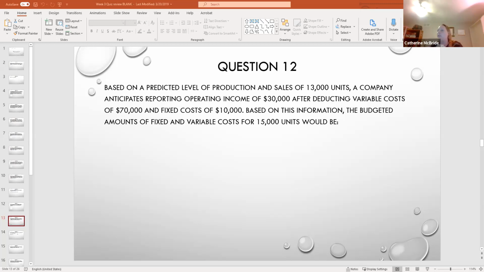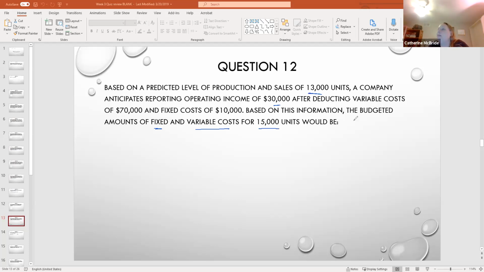We want to know the budgeted amount of fixed and variable costs for 15,000 units. This is the other one where we need the fixed and variable costs.